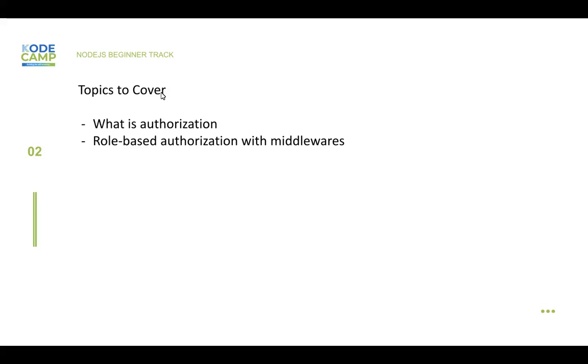I've already talked a bit about authorization. So what is authorization? Authorization is just the act of either restricting someone or giving someone access to perform a particular operation on your API.